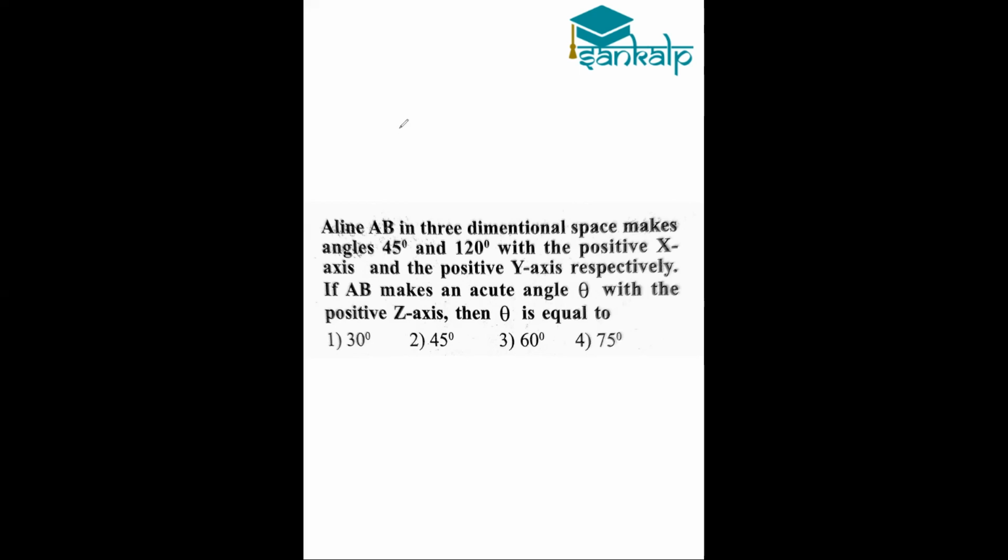We know the relation l square plus m square plus n square is equal to 1, where l is cos alpha. It will be cos square alpha plus cos square beta plus cos square gamma.